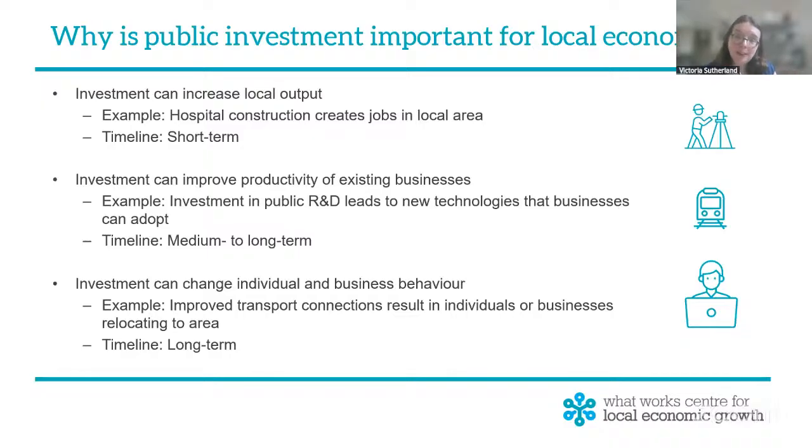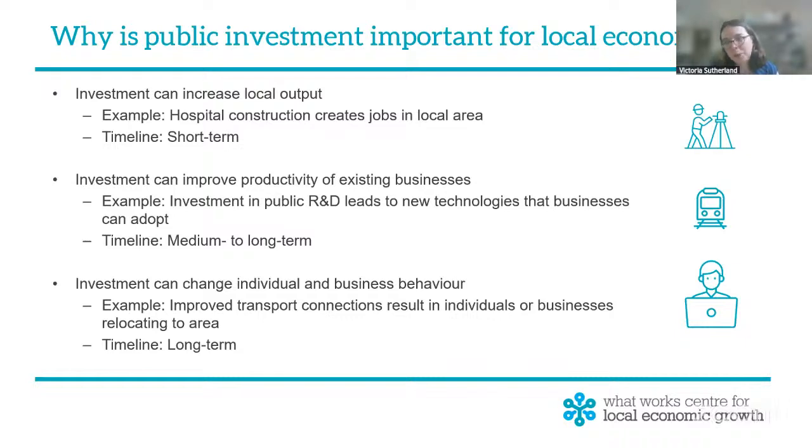So for example, if you had investment in a transport system, and I just want to reiterate that this isn't all about transport, it's just that the transport ones are really easy examples to think about. If you improve transport connections, that over the long term is going to affect the decisions that individuals and businesses make about where to locate. So where to live in the case of individuals, and where to locate their offices, their research facilities, their manufacturing plants, etc., for businesses.